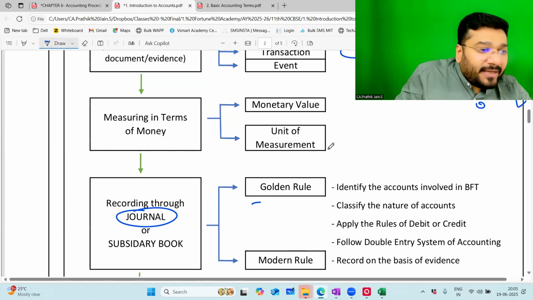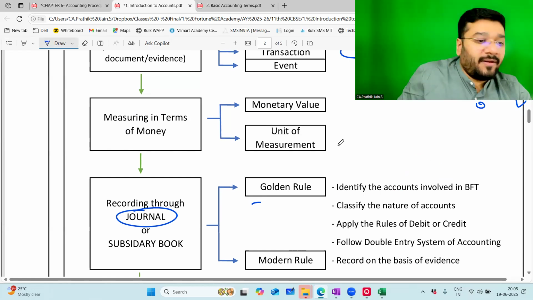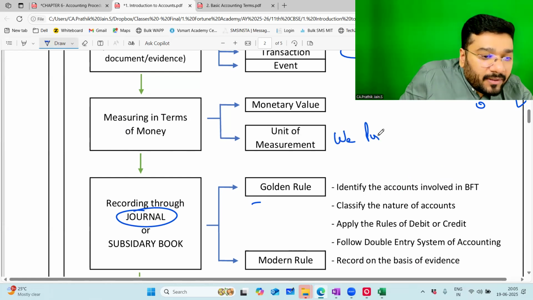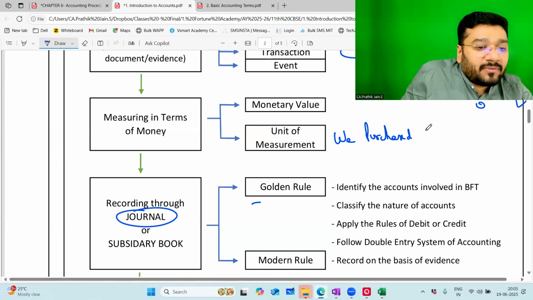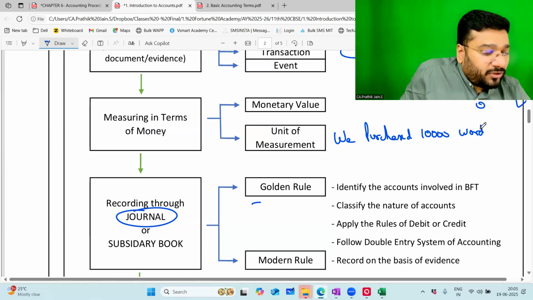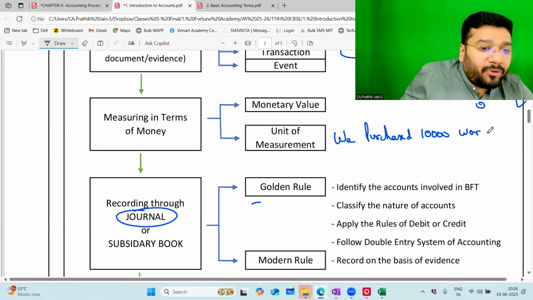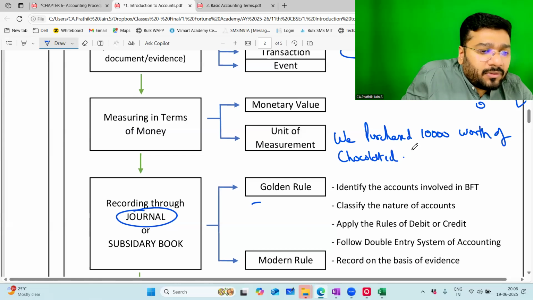For example, we are a business. We purchased 10,000 worth of chairs, or let's say worth of laptops or chocolates, from Ram for selling.